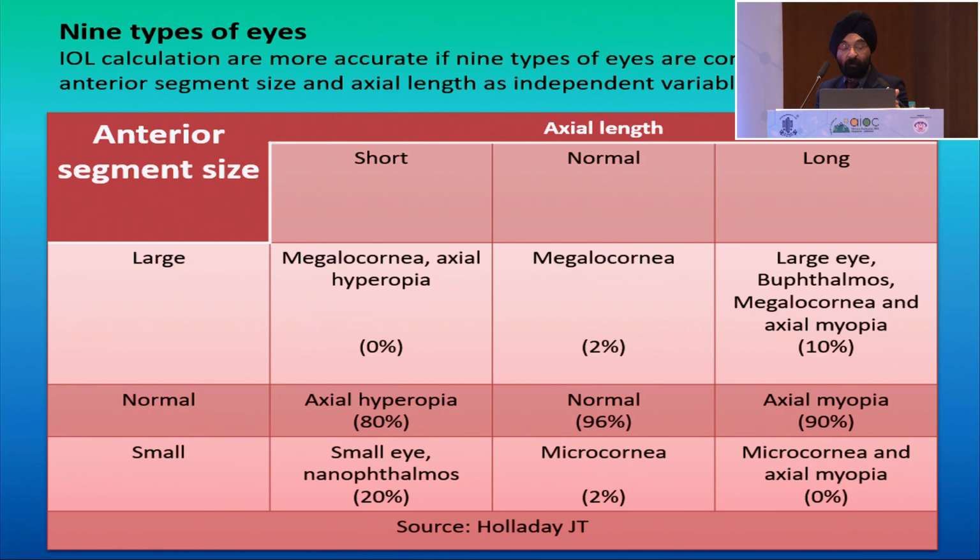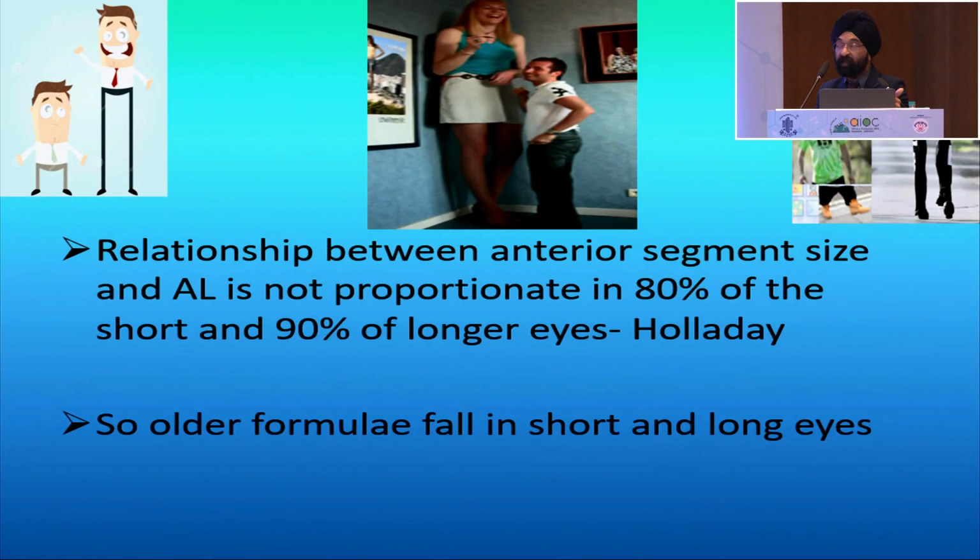Eyes with normal anterior segment, 80% have shorter axial length and 90% have longer axial length. Similarly, in eyes with normal axial length, 2% may have shorter anterior segment and 2% may have longer anterior segment. So the relationship between anterior segment and axial length is not proportionate in 80% of short and 90% of longer eyes. So older formulae are bound to fail in short and long eyes.